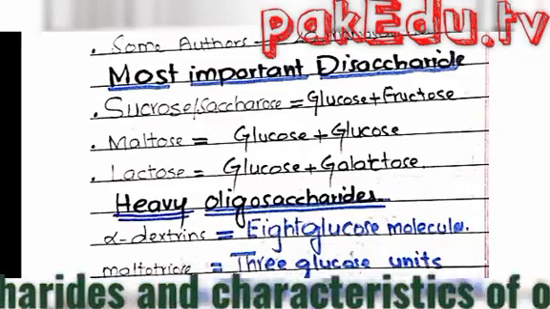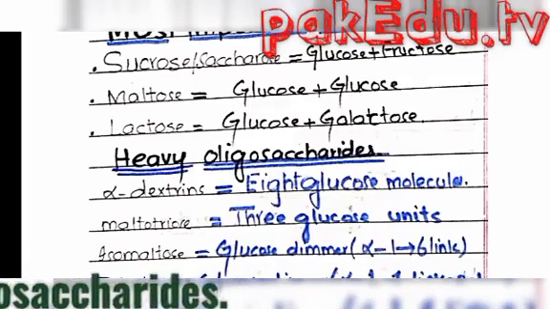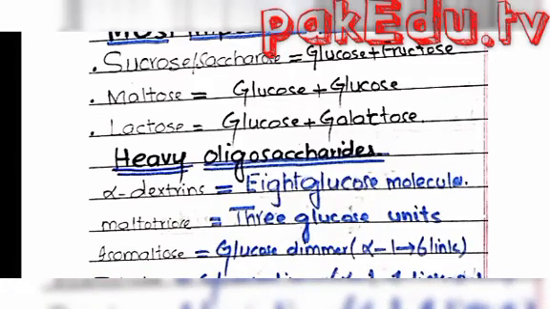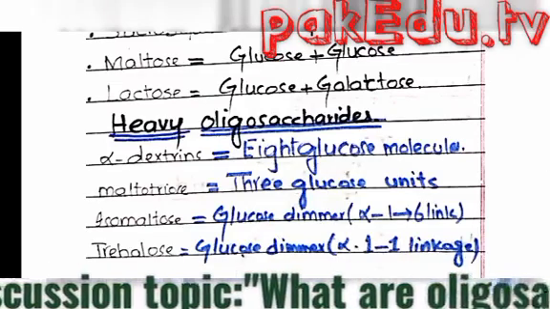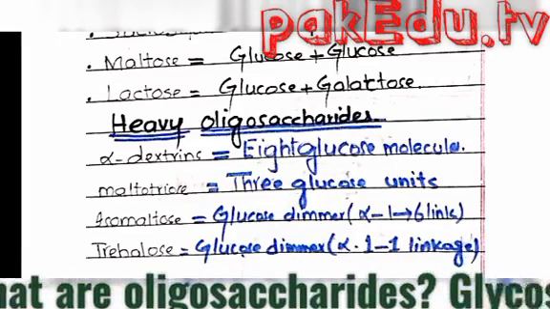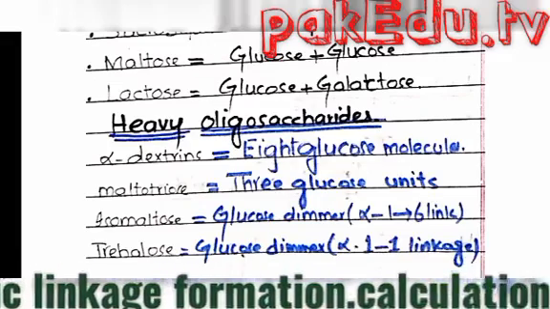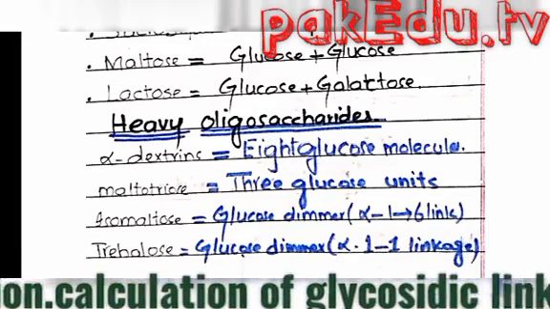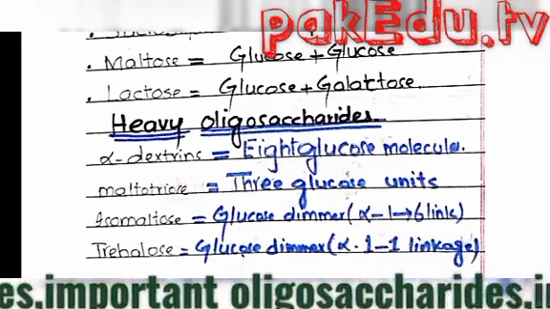Besides these important disaccharides, there are some heavier oligosaccharides that are also important. One of them is alpha dextrins, formed by the combination of 8 glucose molecules, and another is maltotriose, formed by the combination of 3 glucose molecules.